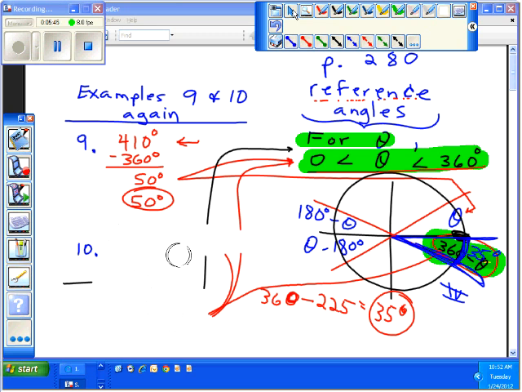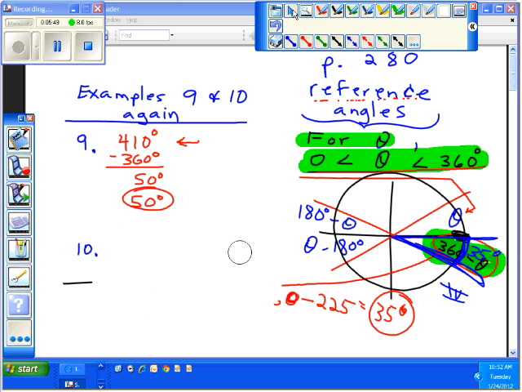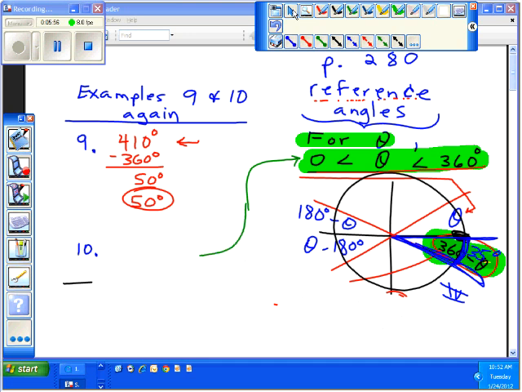What we're trying to do is, first of all, create a coterminal angle that lies within the given range between 0 and 360. So we want something coterminal with negative 395 that's between 0 and 360. We're just going to start adding 360s because we're trying to get to something positive. The first time we add 360, we do get something coterminal, but it's still not between 0 and 360, so we have to add 360 again.